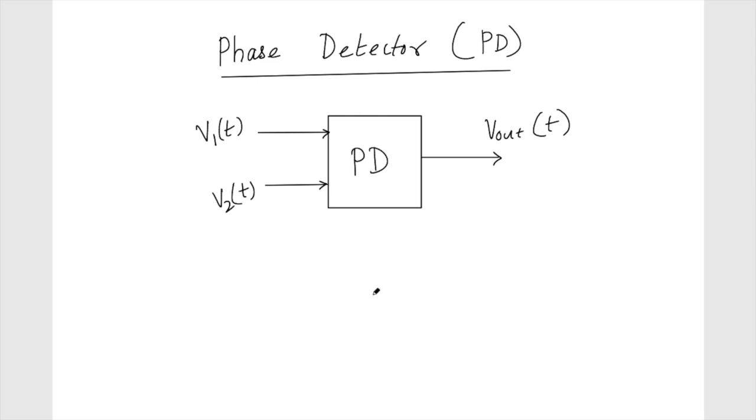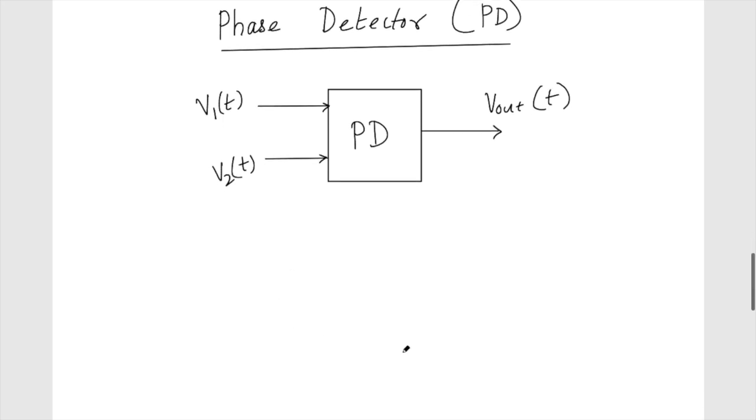Now this is the characteristic curve for this PD. If there is a phase difference between the inputs V1 and V2, let's call it delta phi, then it will spit out some voltage.